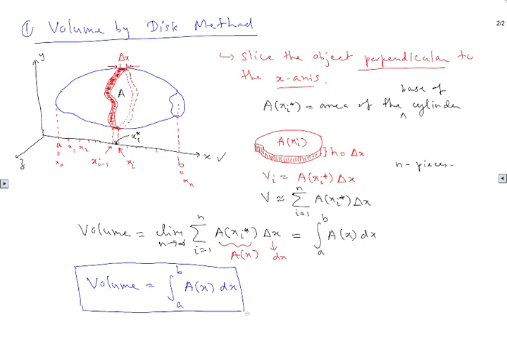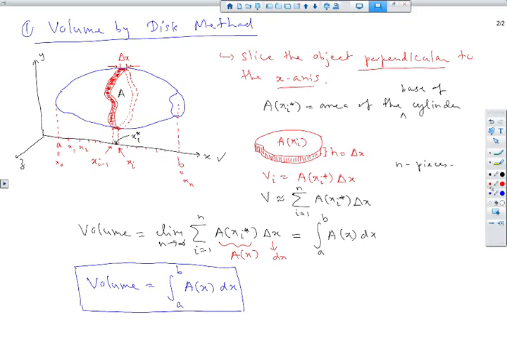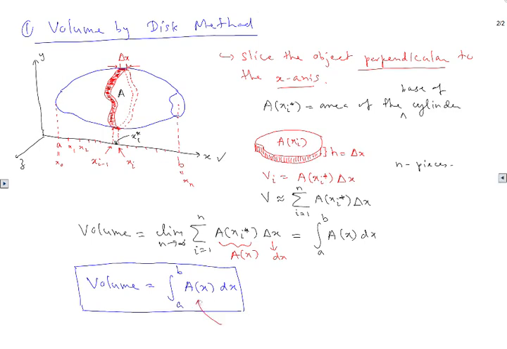That's it. That's the base area of the cross section at the xth position.